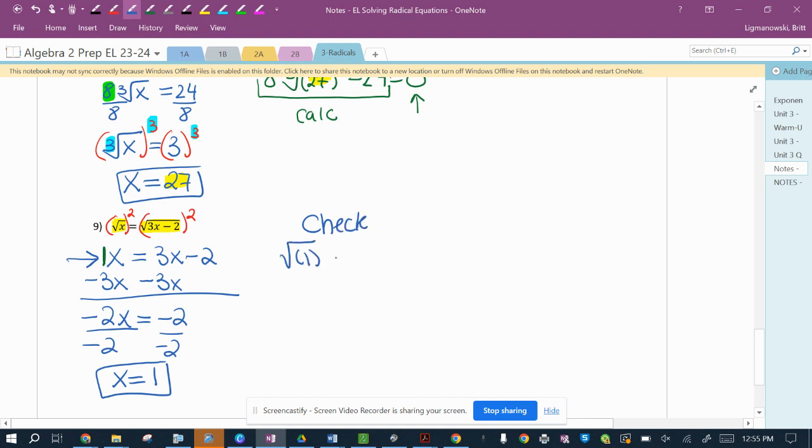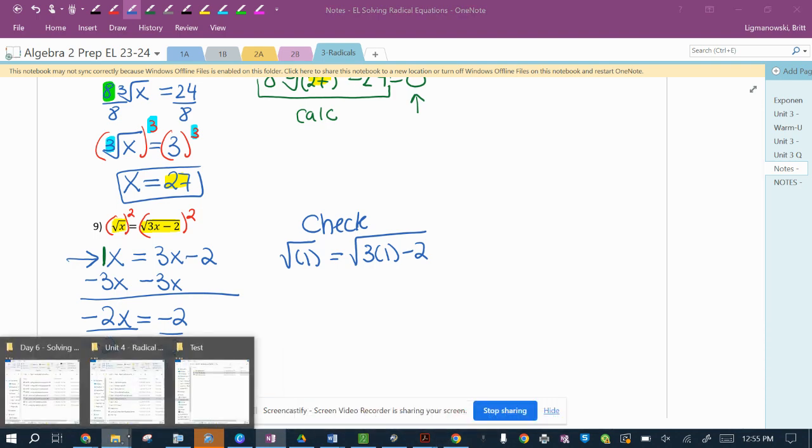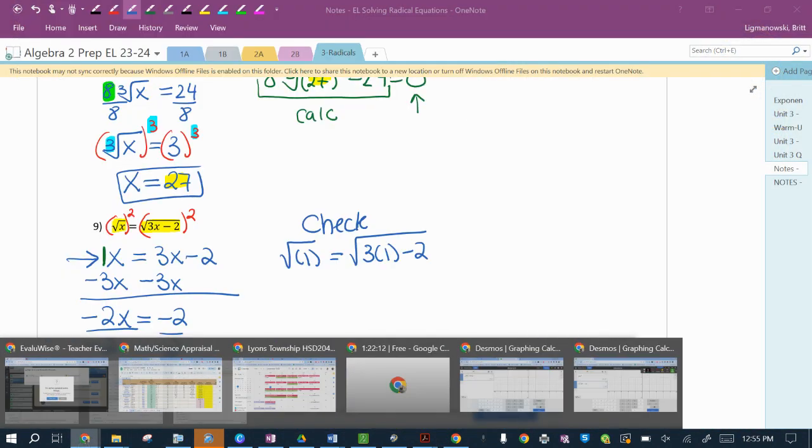So square root of 1 is equal to the square root of 3 times 1 minus 2. Sorry, guys, if I'm saying that wrong. So let's plug this into the Desmos calculator.